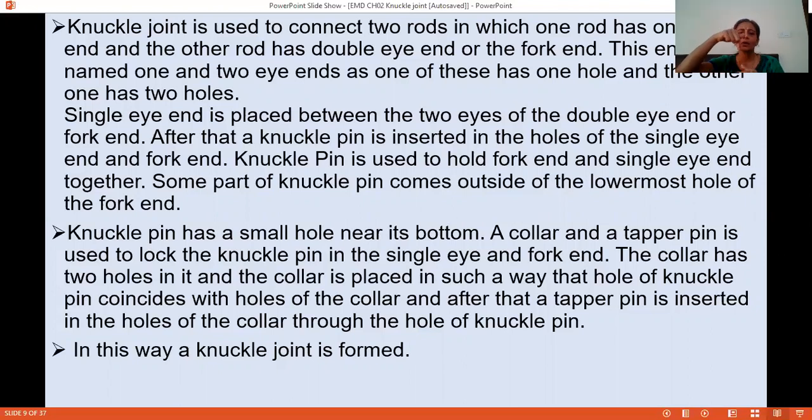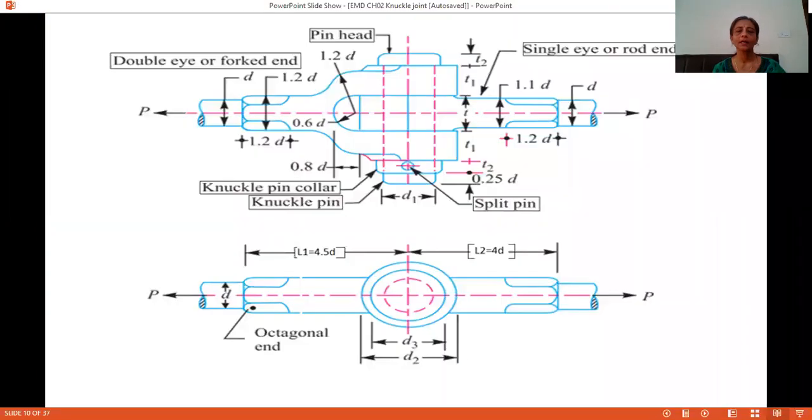The knuckle pin goes below and at the bottom also there is an extension of the knuckle pin. At the bottom of the knuckle pin there is a hole and in the collar also there are two holes. So the collar will be driven from the bottom side and the holes will be matched, and from that hole the taper pin will be inserted, and that is how the knuckle joint is formed.